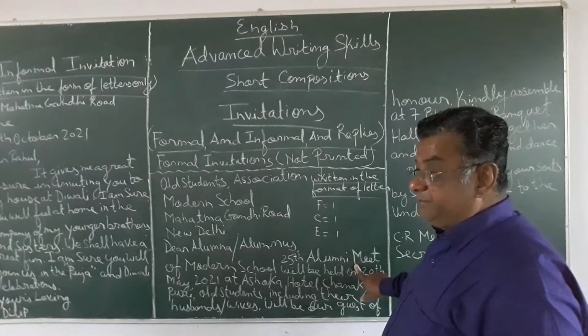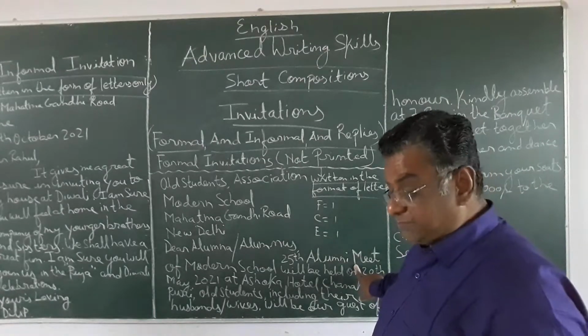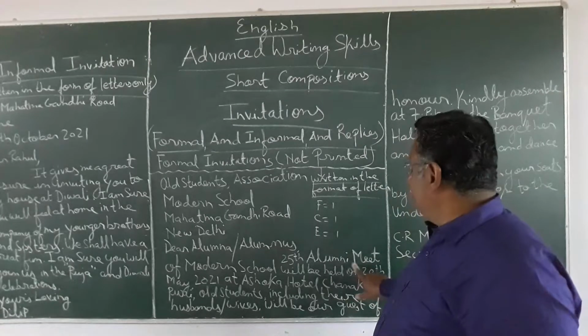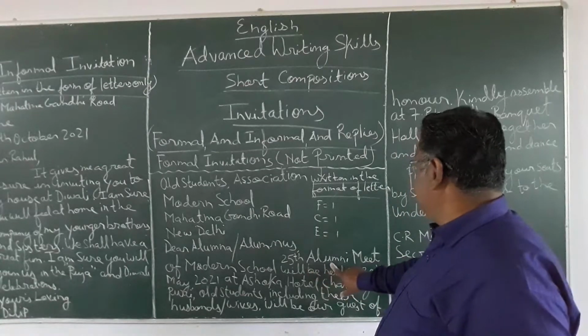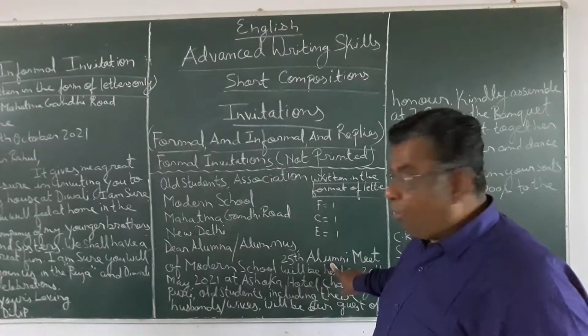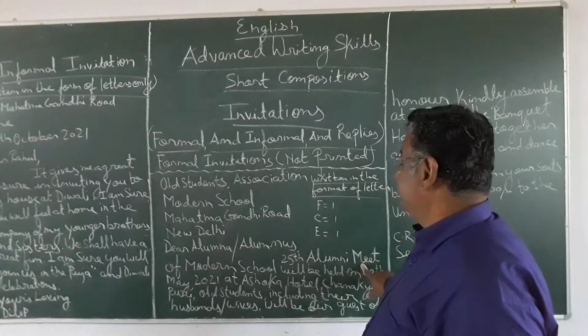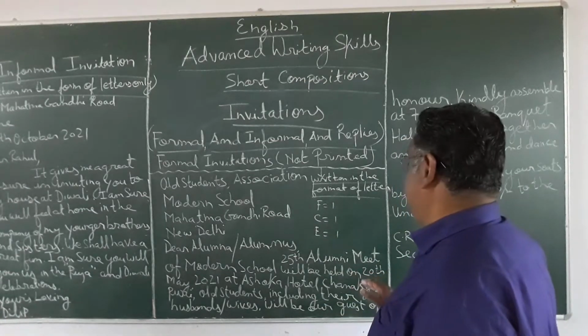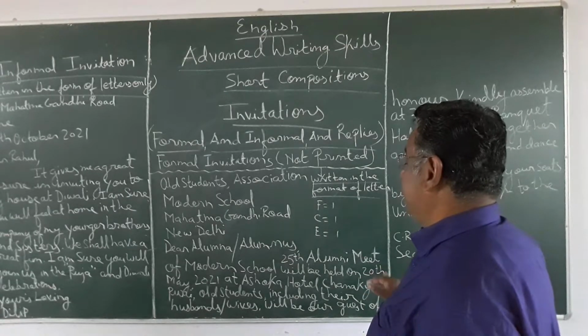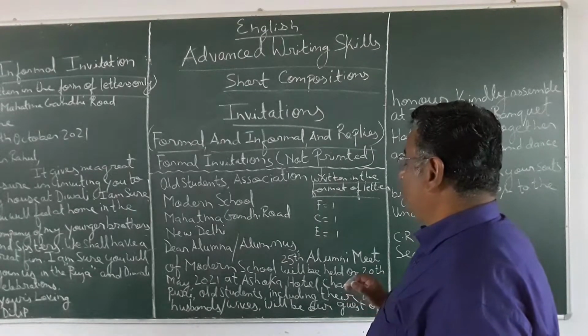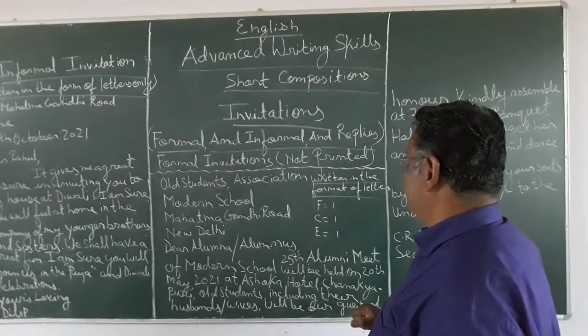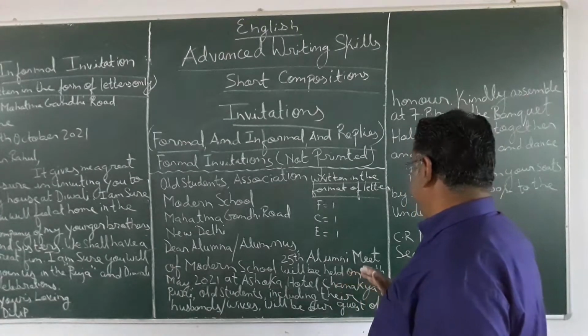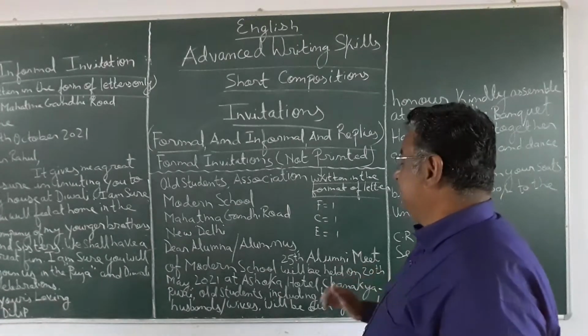25th alumni meet means what? What do you mean by alumni meet? Alumni meet means old students meet. Of Modern School will be held on 20th May 2021.